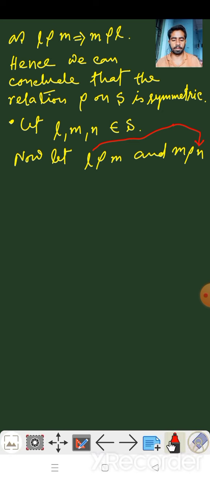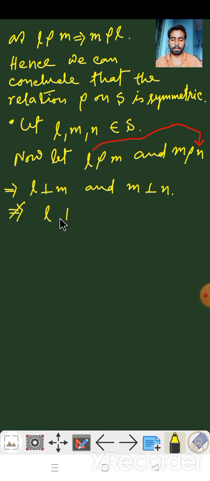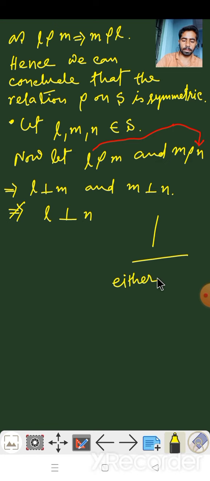Now it is given that l is related to m, and therefore we can write l is perpendicular to m and m is perpendicular to n, but this does not imply that l is perpendicular to n. In a plane, two lines are either intersecting or parallel.